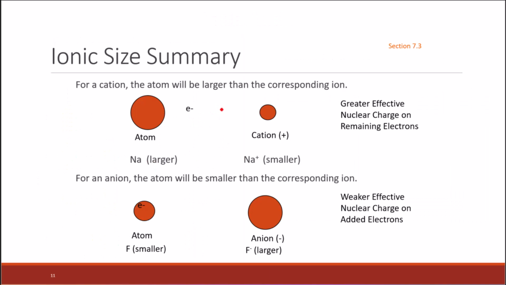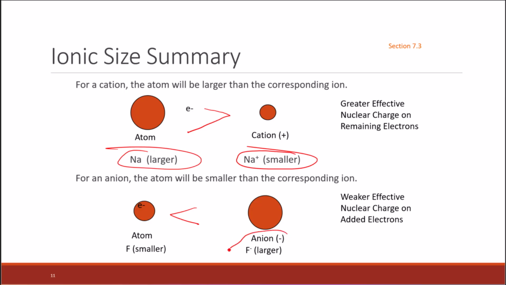The main thing to remember here is that atoms are larger than their cations. The other way to say it is cations are smaller than their atoms. And then if we look down here at anions, atoms are smaller than their anions, or you could say anions are larger than their atoms.